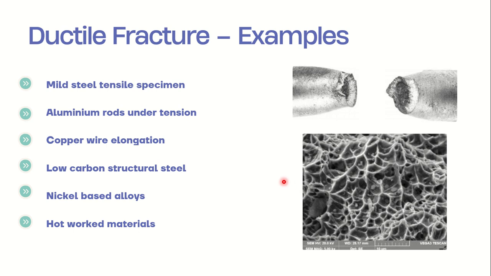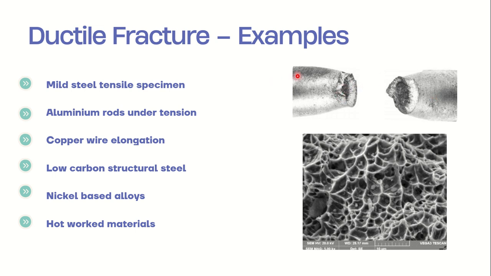Ductile fracture examples. This image is taken from a scanning electron microscope. Here we clearly see the fibers of ductile fracture. This is called a cup and this is called a cone, so it represents a cup and cone.